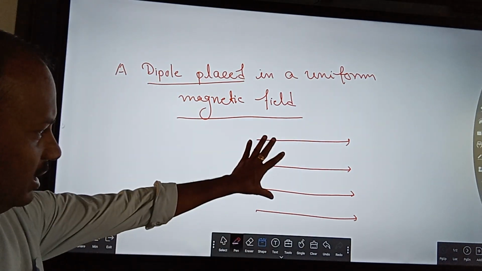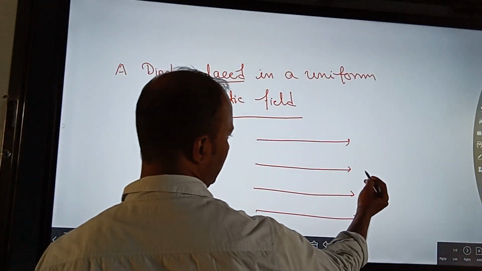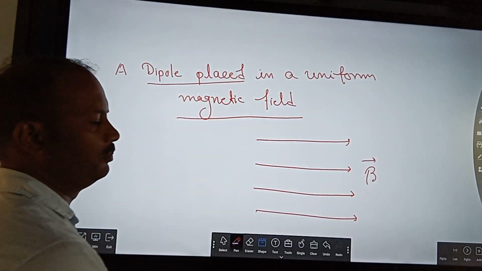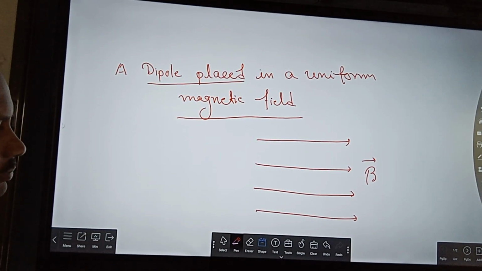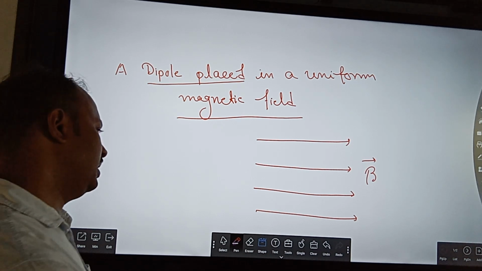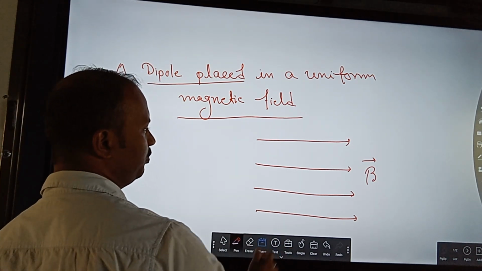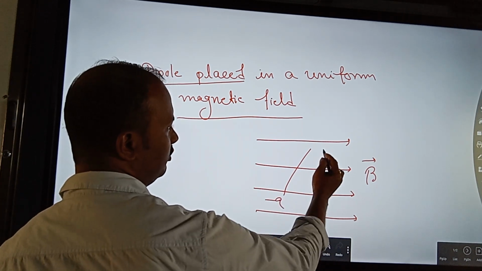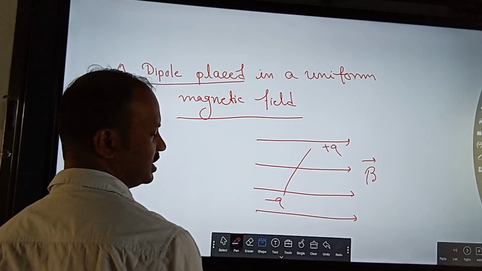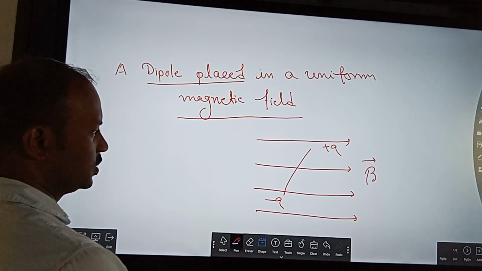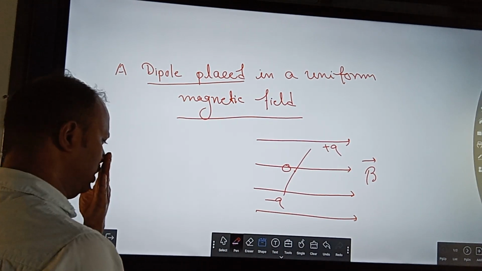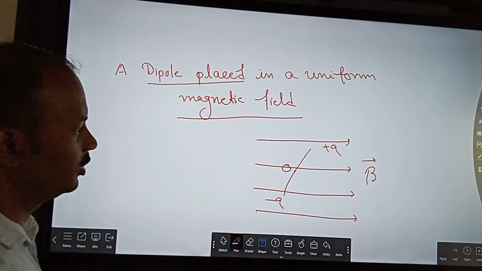So this is a uniform magnetic field, denoted by B. Here we place two charged particles, one charge minus Q and one charge plus Q. This is the midpoint of the dipole.